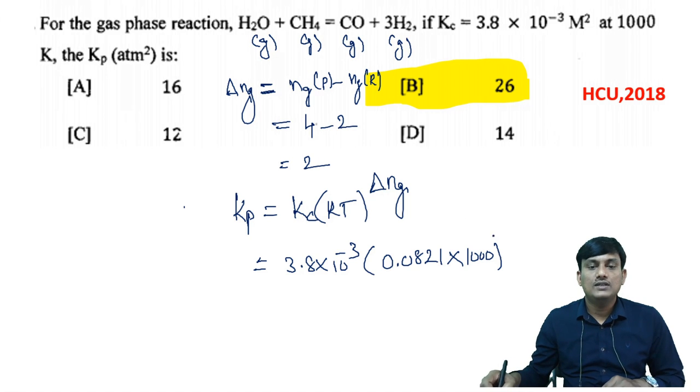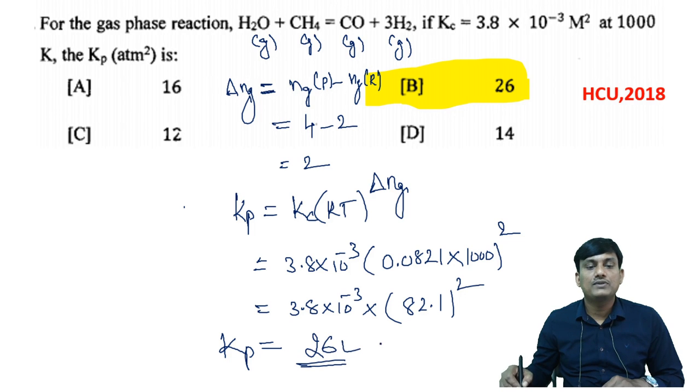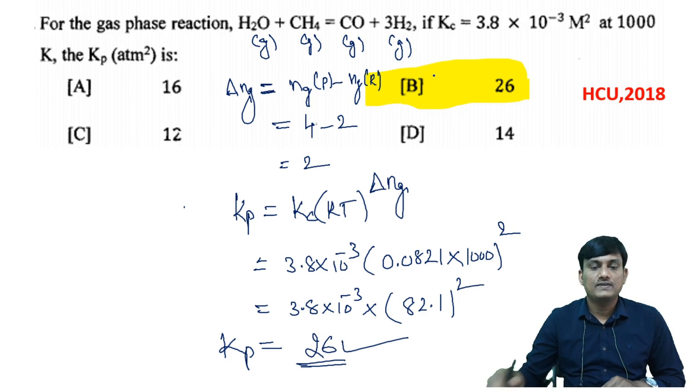Delta Ng is 2, so it will be 3.8 into 10 to the power of minus 3 into 82.1 whole square. So finally we will get Kp is equal to 26. After simplification you will get Kp is equal to 26.